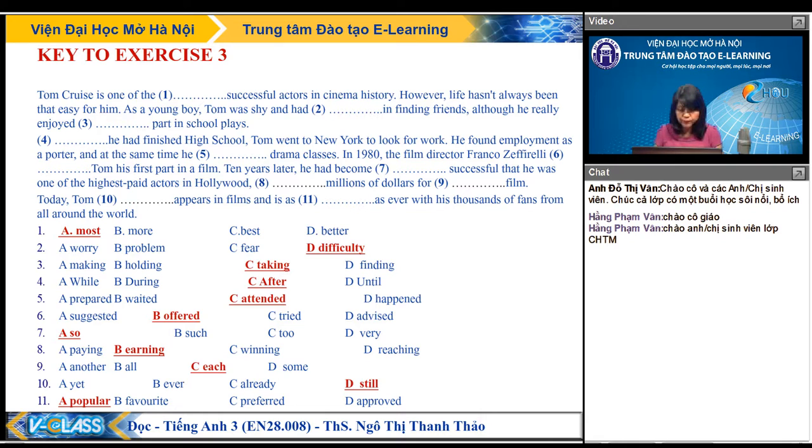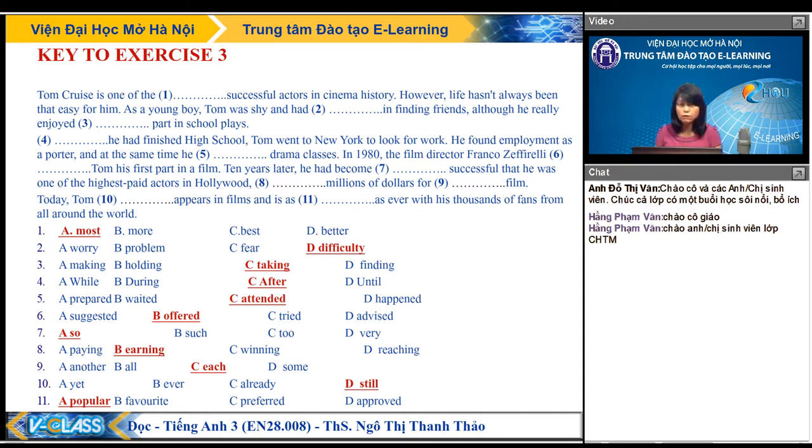Number 7. 10 years later, he had become successful that. What is it? Right. So look at the suggested answers here. So, such, to, very. We do not say become very successful that.